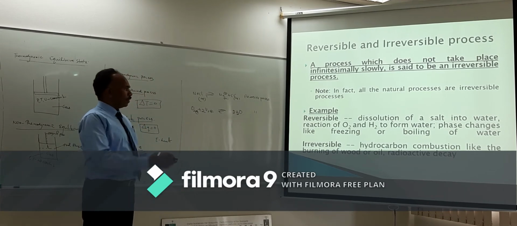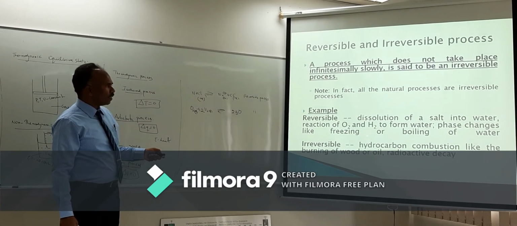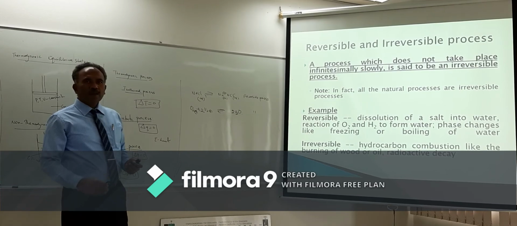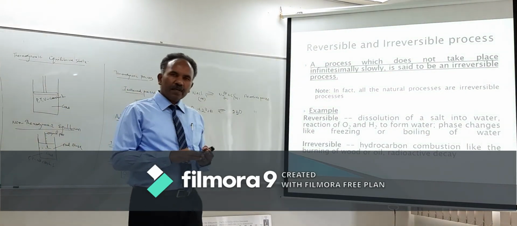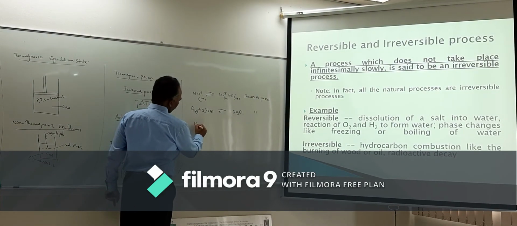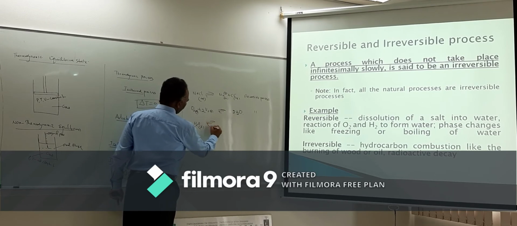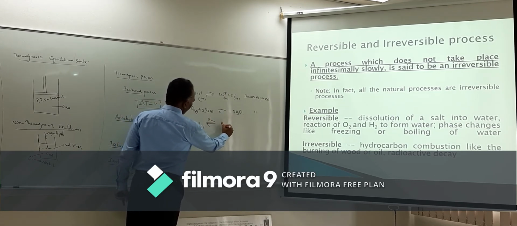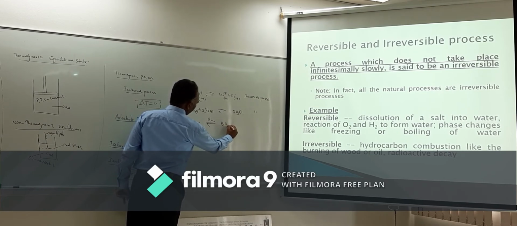Now, we can take one more example: freezing or boiling of water. When we freeze water, what happens? Water is a liquid. When we freeze it at 0 degrees Celsius, it forms ice, which is the solid form.